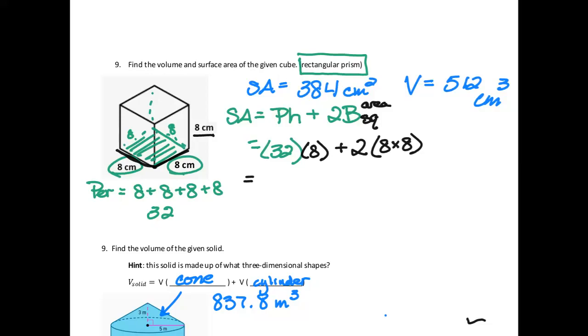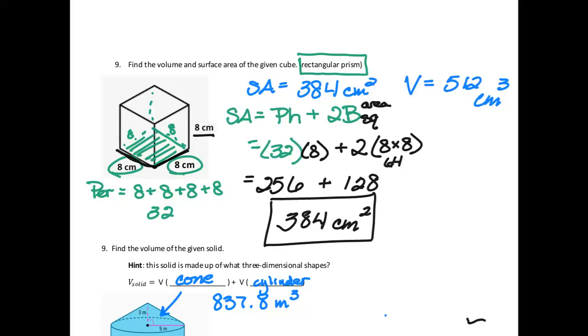So then putting these together, 32 times 8 gives me 256 plus 8 times 8 is 64, and 2 times 64 is going to be 128. If I add these together, I get 384 centimeters squared.